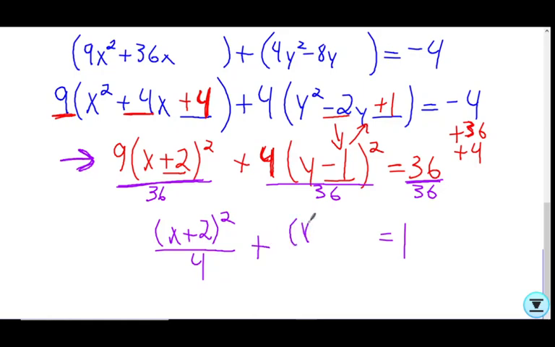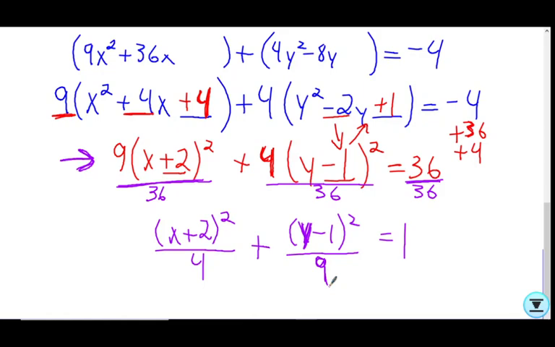And then y minus 1 squared, and 4 and 36 are divisible by 4, which gives me 9. So this is my ellipse equation: x plus 2 squared over 4 plus y minus 1 squared over 9 equals 1.